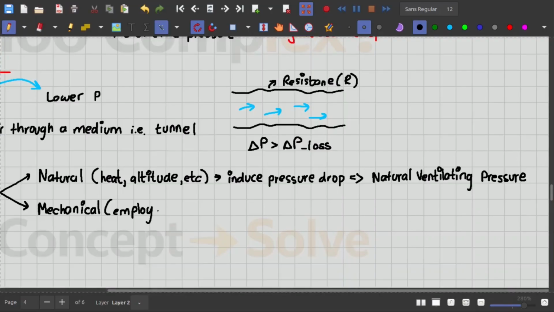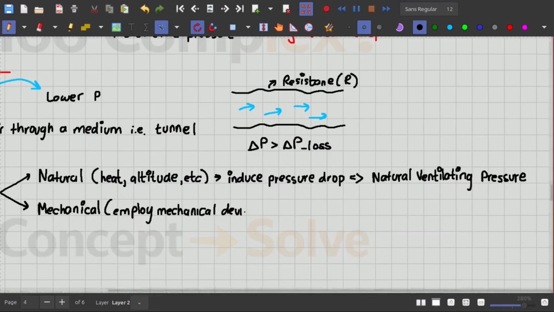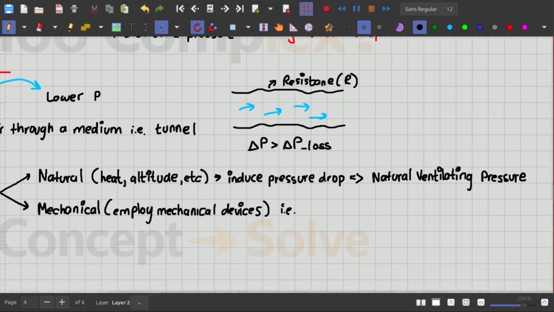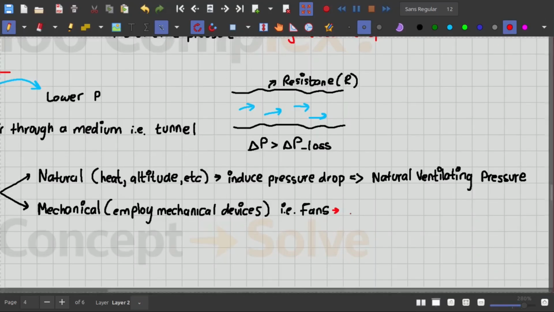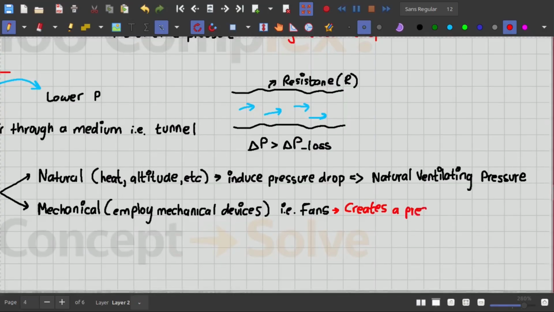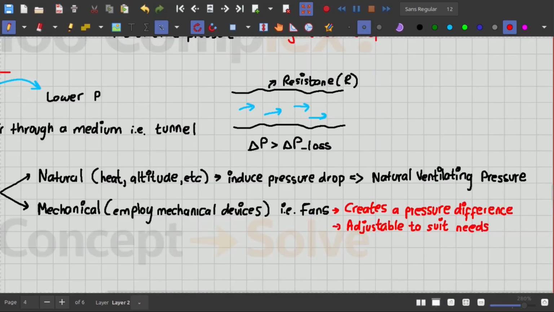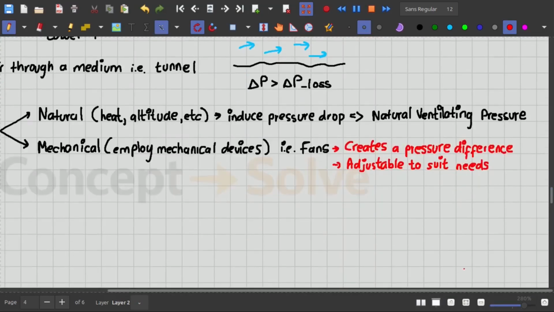Sometimes you may find that it's not sufficient. We need more pressure difference, right? We can do this by using mechanical devices or appliances or equipment called fans. So essentially that's what a fan does. It creates a pressure difference, right? And because it's mechanical, it allows us to adjust and ensure that we can create that sufficient pressure difference to overcome the resistance and ultimately get the air where it needs to go.